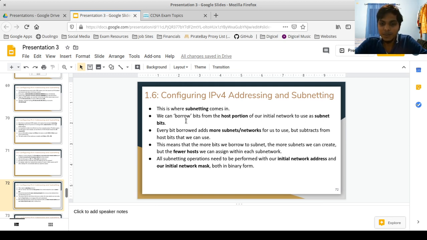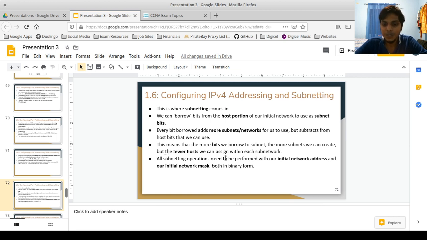We can borrow bits from the host portion of our initial network to use as subnet bits. So every bit borrowed adds more subnets or networks for us to use, but subtracts from the host bits that we can actually use. So this means that the more bits we borrow to subnet, the more subnets we can create, but the fewer hosts we can assign within each network.